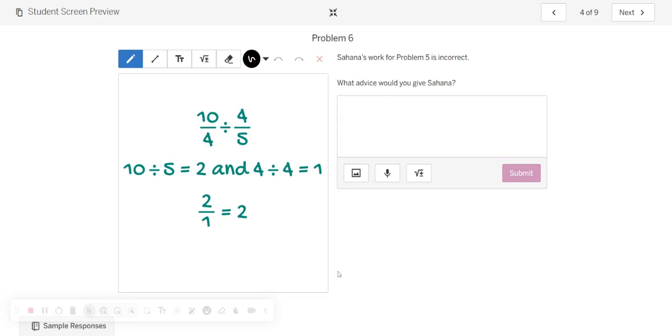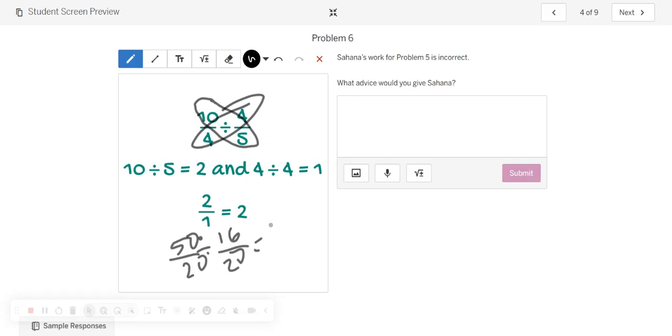Ooh, what did she do there? Somehow she cross-divided. 10 divided by 5 and 4 divided by... We don't do that. That's not math. 20ths. We just did that problem, right? We converted this one to 50 over 20. We changed this one into 16 over 20.